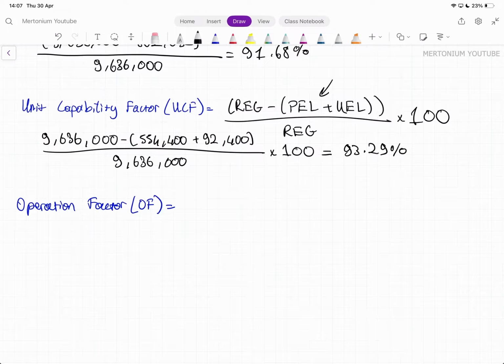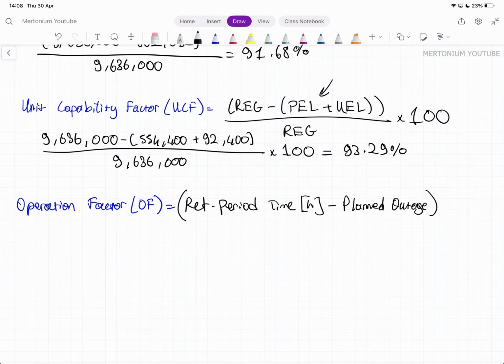This is basically the reference period time in hours minus, let's put the parentheses here, plant outages, also, this is going to be in hours, divided by our reference period time.